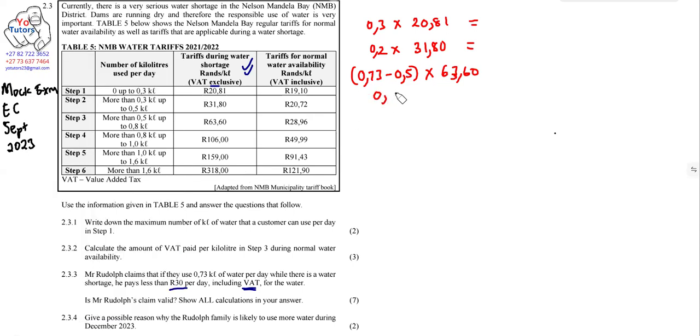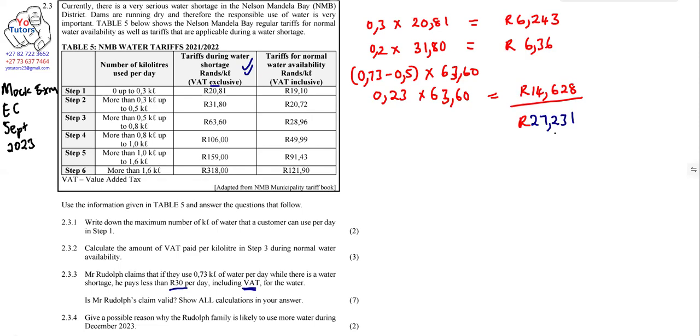So here is 0.23 times 63.60. Okay, if you punch your calculator, this is what we get as a total, if you're adding everything.